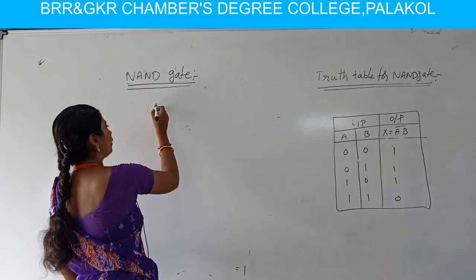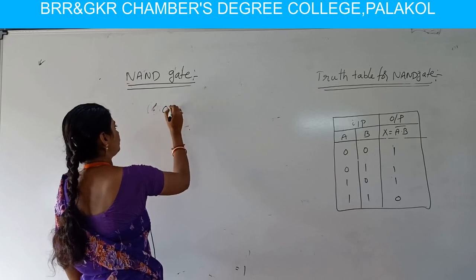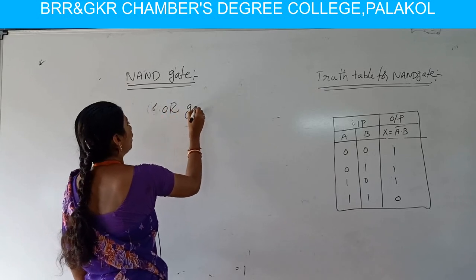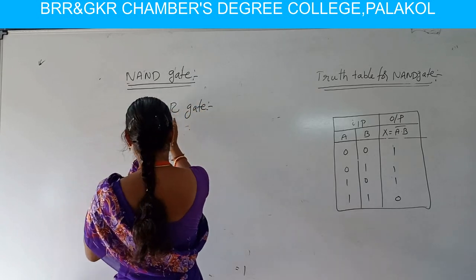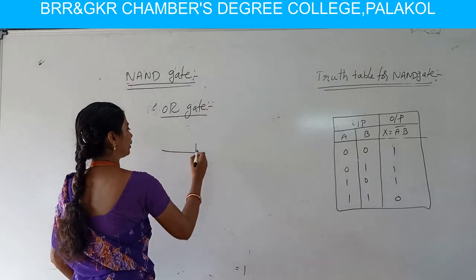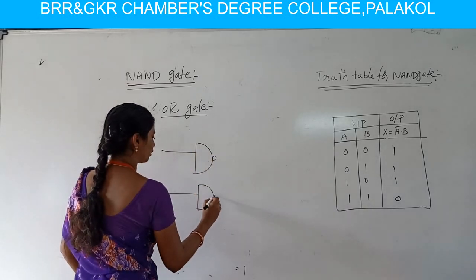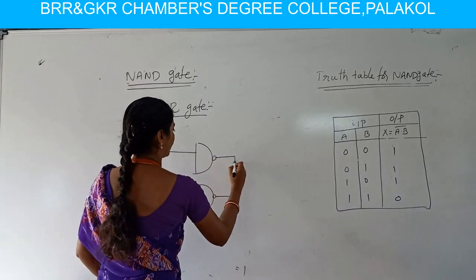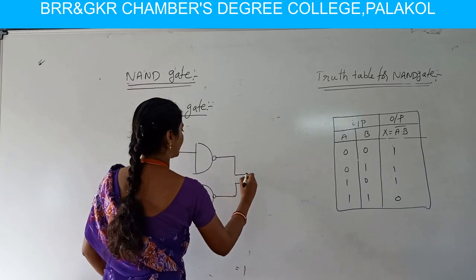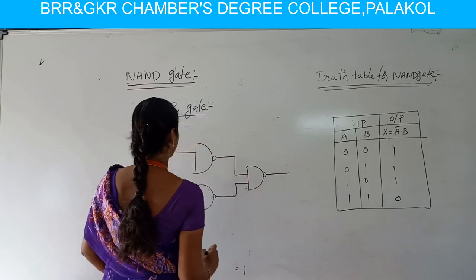And finally we want to construct the OR gate from this NAND gate. So the OR gate can be constructed from these NAND gates in this manner. Here we consider 3 NAND gates. First NAND gate and second NAND gate, and from these two NAND gates we construct the third NAND gate.